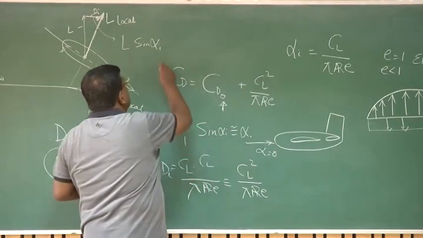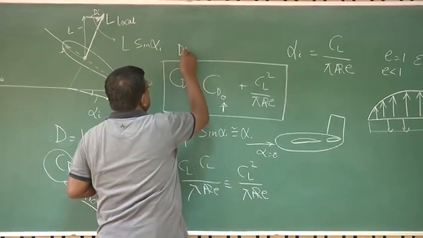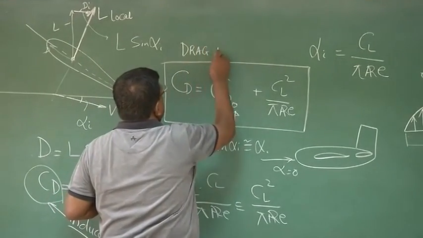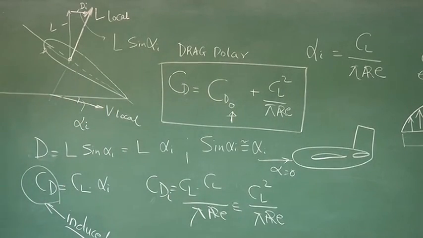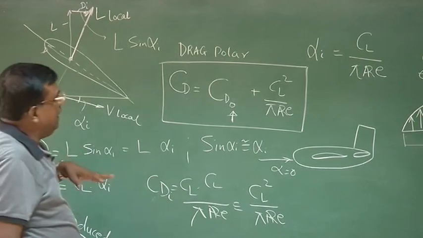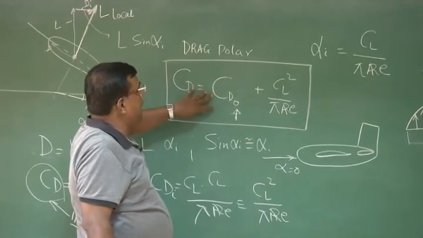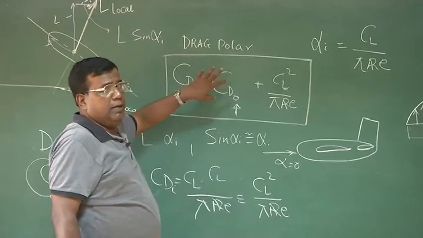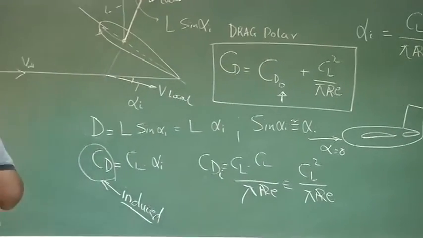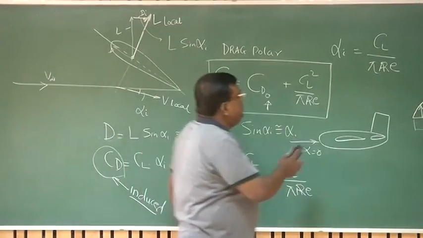This representation is known as the drag polar. Whenever you finalize the design, when the aircraft is flight tested and everything is done, this has to be estimated, and every aircraft is benchmarked with a given drag polar under different flight conditions, right?